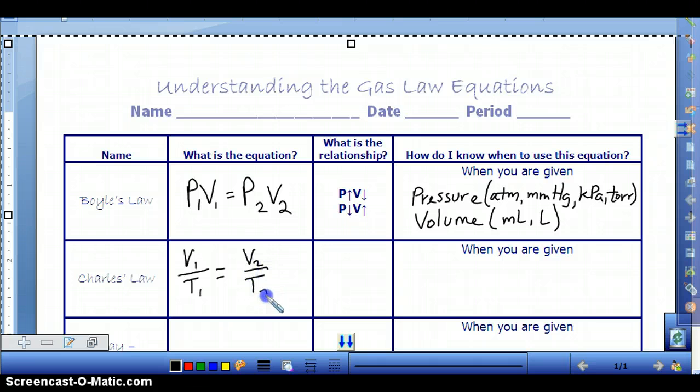When you see an equation like this, you know they're directly related. An increase in temperature will give you an increase in volume, which is different from Boyle's law, which was inverse. A decrease in temperature would give you a decrease in volume.